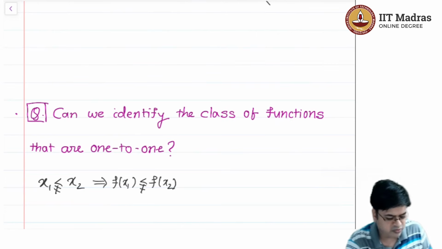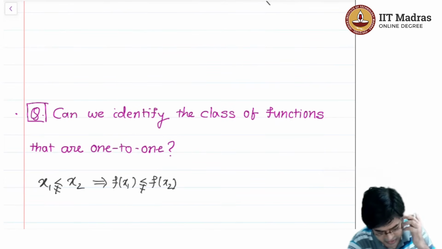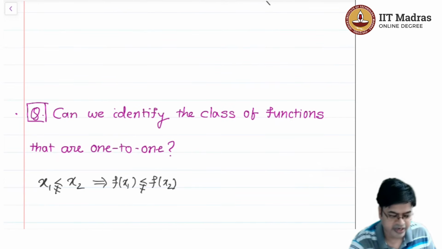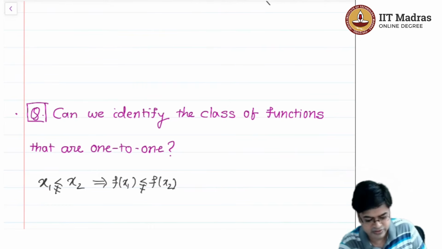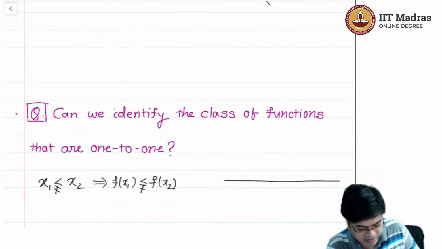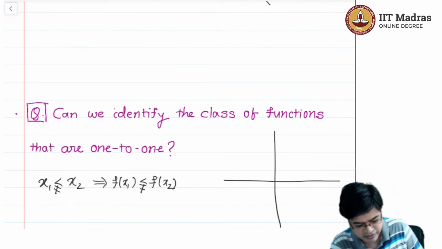So the question is, can we identify the class of functions that are 1 to 1? I can obviously think of a function of this form, x1 less than x2, f of x1 less than f of x2. Let me plot it and then my imagination will work fine.